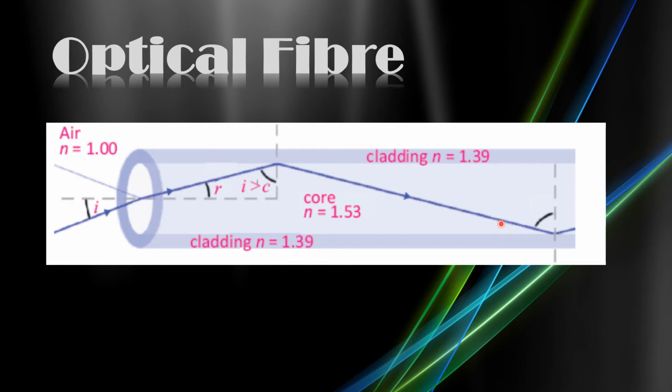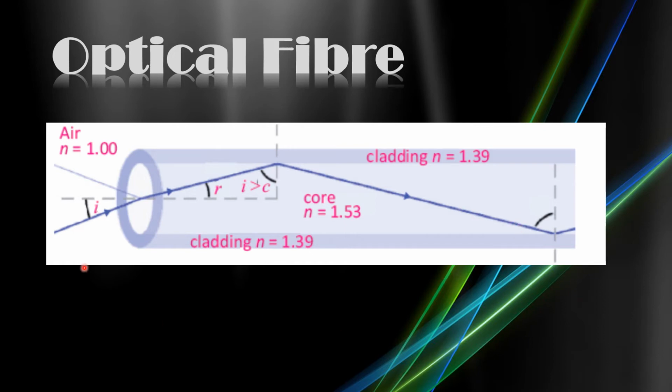The cladding is made of glass or plastic, but the refractive index of this cladding is relatively low as compared to the core.